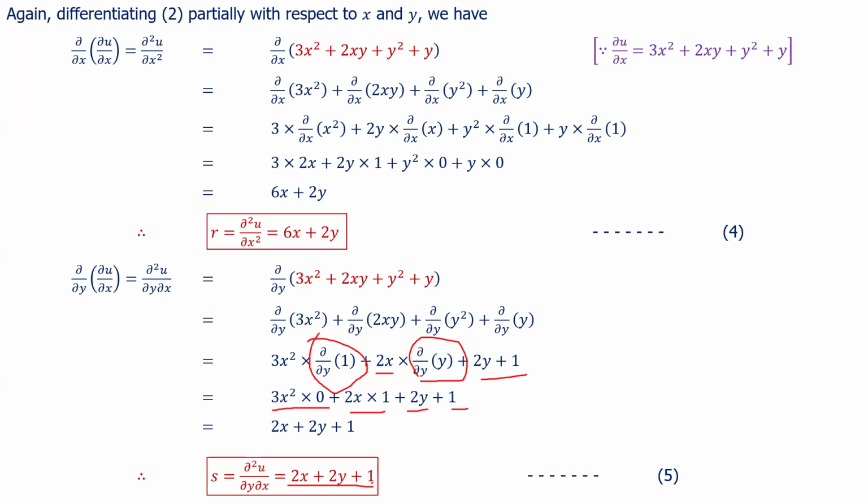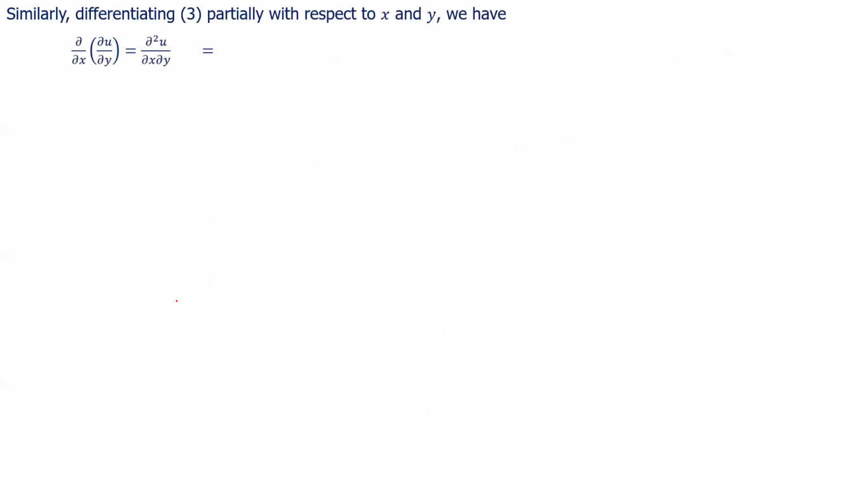So this is the second order partial derivative of u with respect to x and with respect to y and x. So let us again do the partial differentiation of del u del y with respect to x and with respect to y. Now, what is del u del y? Del u del y is nothing but 3y square plus x square plus 2xy plus x.